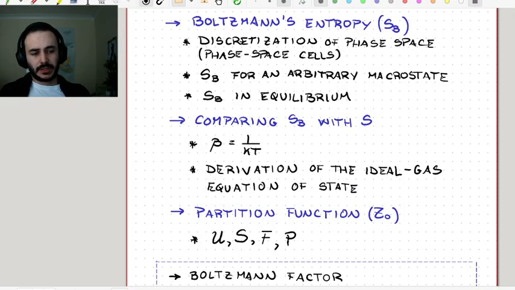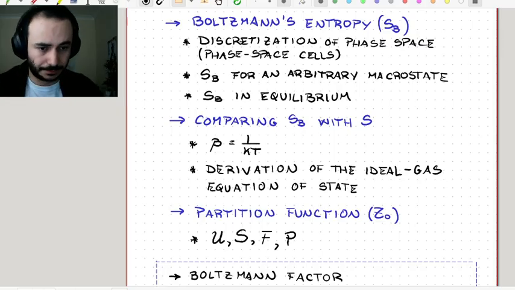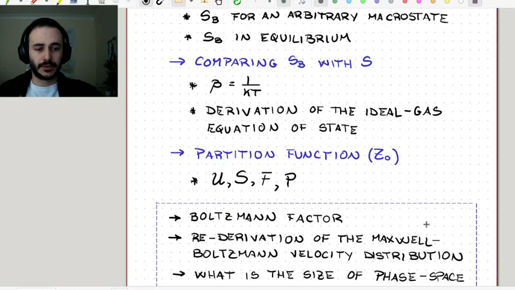It's something that, if you know all the different states that the particles that make up your system can exist in, you calculate this function, and then from the function, taking logarithmic derivatives, logarithms, and manipulating that expression, you can get out directly, without doing anything else, the internal energy of your system, the entropy of your system, the free energy or Helmholtz free energy of your system, and also the pressure, if relevant. So you can get all of that from the partition function. We're going to see how.